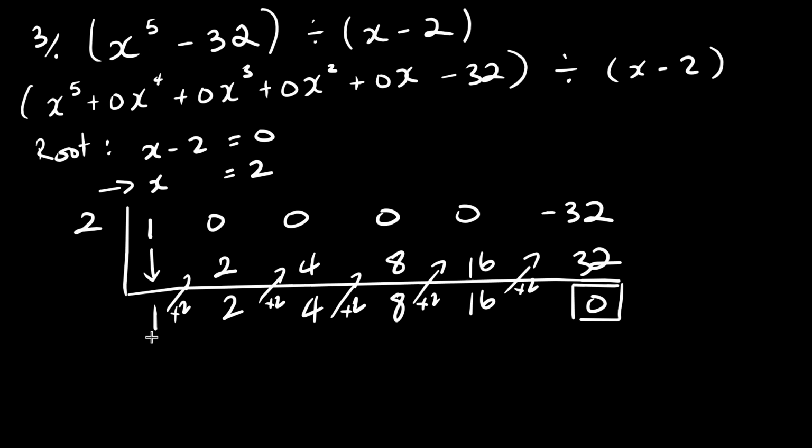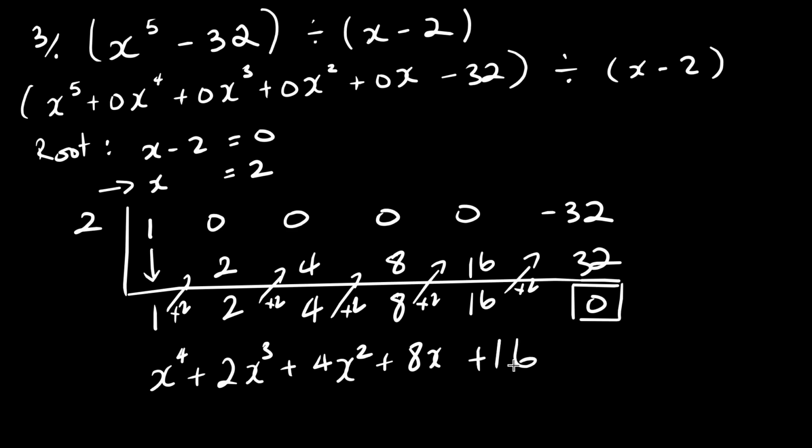So this first coefficient applies to a term in x to the 4th. This one, x cubed. This one, x squared. This one, x. And that one is just our constant. And again, we have no remainder because x minus 2 happens to be, in this case, a factor of x to the 5th minus 32.